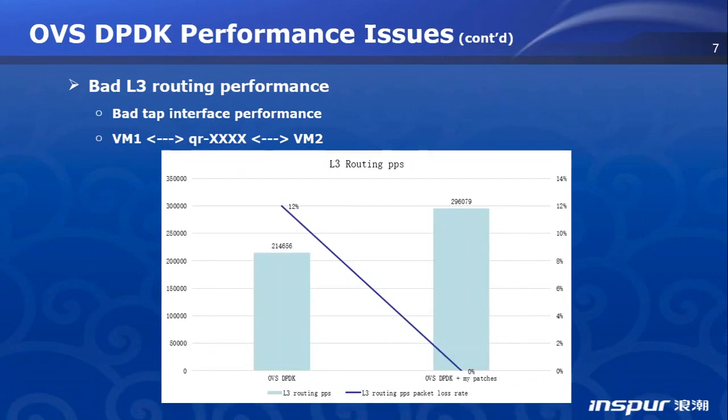VM-to-VM layer 3 PPS performance is also bad. It's the same reason. Our improvement patches can fix it very well.